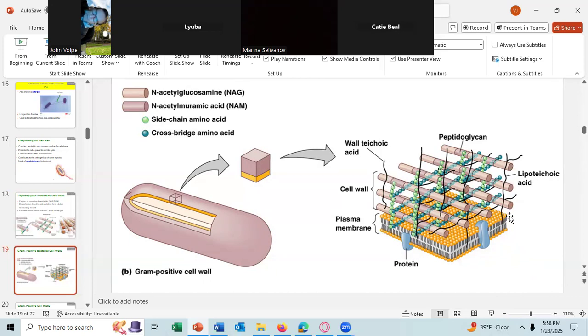You can have lipoteichoic acid, and this will be the same teichoic acid in the cell wall, but the lipoteichoic acid can also go through a region of the cell wall which is fat soluble, meaning a fat that you could refrigerate. I don't know how else to word that.